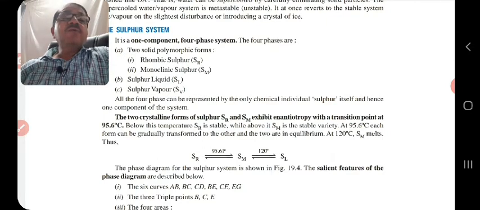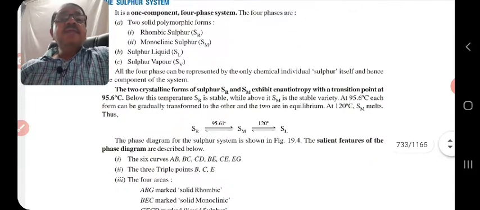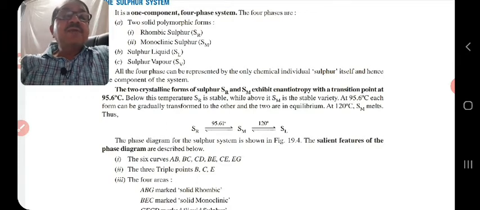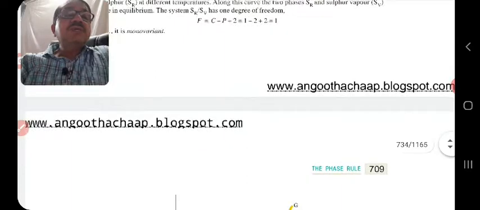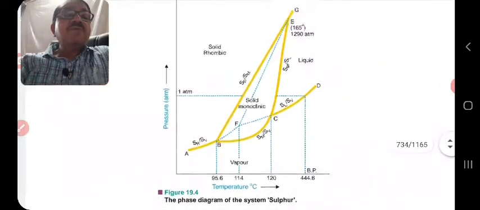At 120 degrees centigrade SM melts, then SR, SM and SL, these are in equilibrium at 95.6 and 120 degree centigrade. So the phase diagram of sulfur system is shown in the figure. So this is the diagram part for the sulfur system.